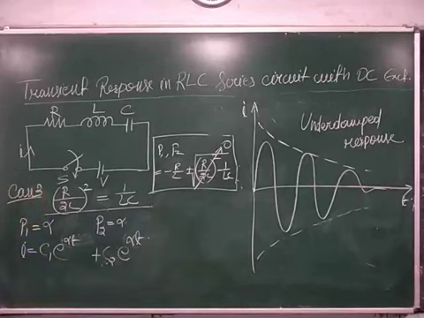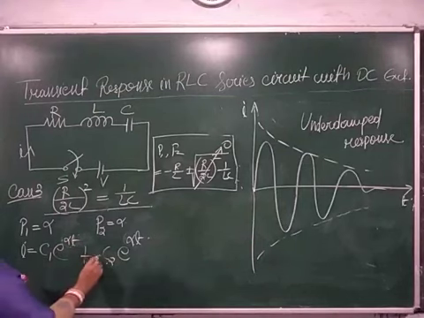Okay. So in this case, students, the two roots are equal to each other, real and equal to each other. Okay, here the two roots are real and equal to each other.